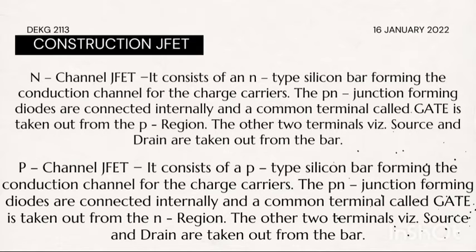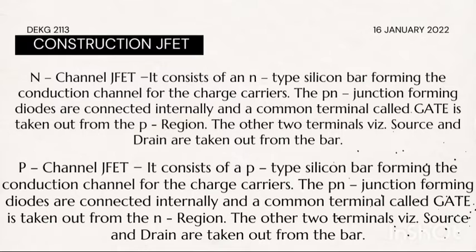Construction of JFET. The N-channel JFET consists of an N-type silicon bar forming the conduction channel for the charge carriers. The PN junction forming diodes are connected internally and a common terminal called the gate is taken out from the P region. The other two terminals, source and drain, are taken out from the bar.